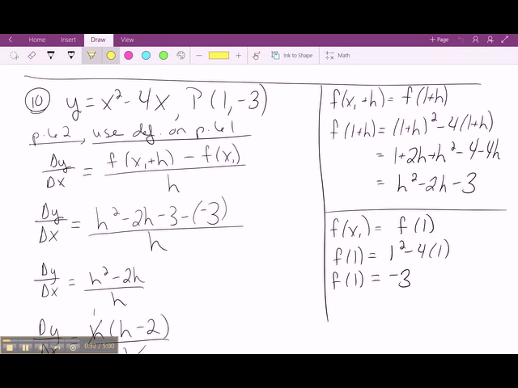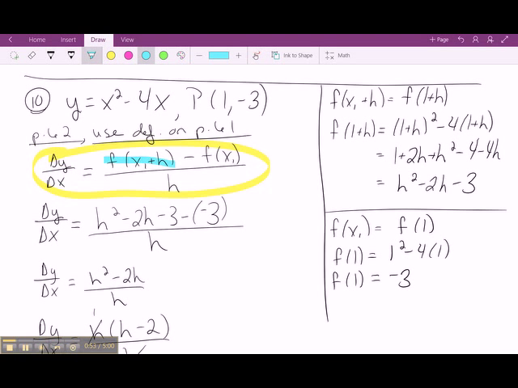So this definition that you have on page 61 is this, and what it actually does is it's going to find the slope of a secant line, a generic secant line. But if we look at just the algebra behind this really quickly, I already did a lot of this work.